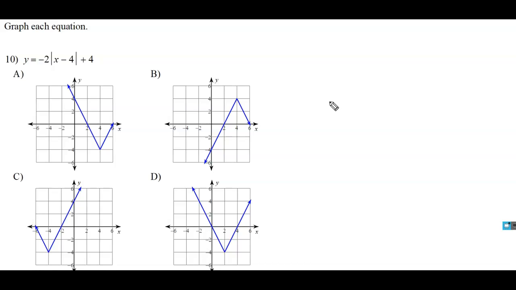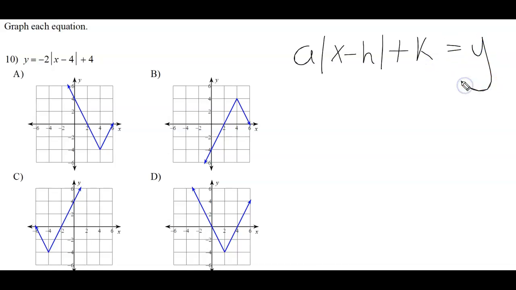So absolute value functions look like a V shape. Now the format that we need to be familiar with is the following. All right, so first of all, this number here makes the x value of our vertex.